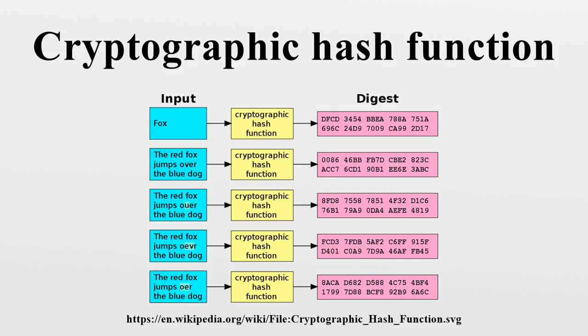On 12 August 2004, a collision for the full SHA-0 algorithm was announced by Joux, Carribault, Lemuet, and Jalby. This was done by using a generalization of the Chabaud and Joux attack. Finding the collision had complexity 2^51 and took about 80,000 CPU hours on a supercomputer with 256 Itanium 2 processors.